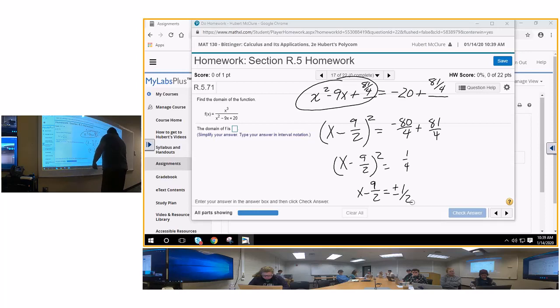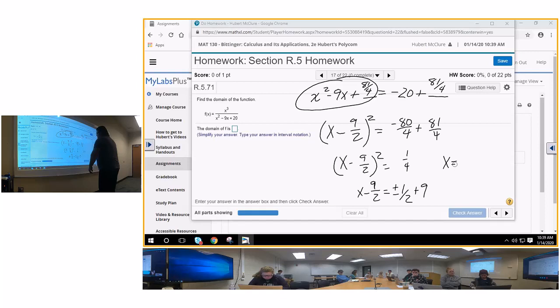Take the square root, x minus 9 halves is equal to positive or negative 1/2. Bring the 9 halves over, so x is going to be equal to, what is 1 plus 9? 10 halves is 5. And negative 1 plus 9 is what? 8. 8 divided by 2 is what? 4, yeah.